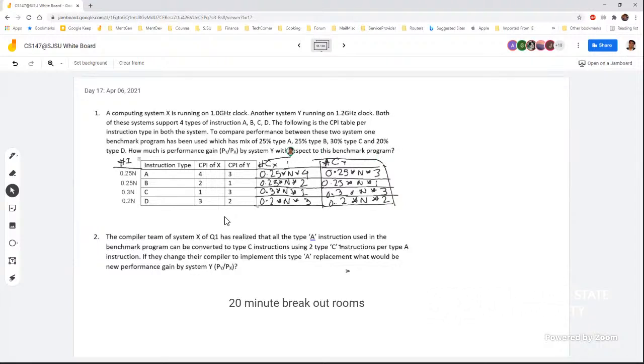Now, if you sum it up, it will become about 2.44 n cycles for X, and for Y it will become 2.3 n. Now, this many cycles are needed, and given the frequency of X, I should take the right notation there. Let's see.